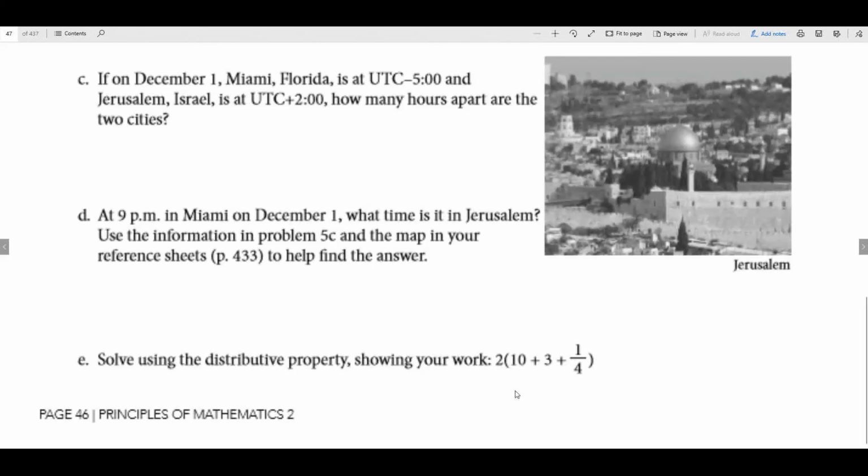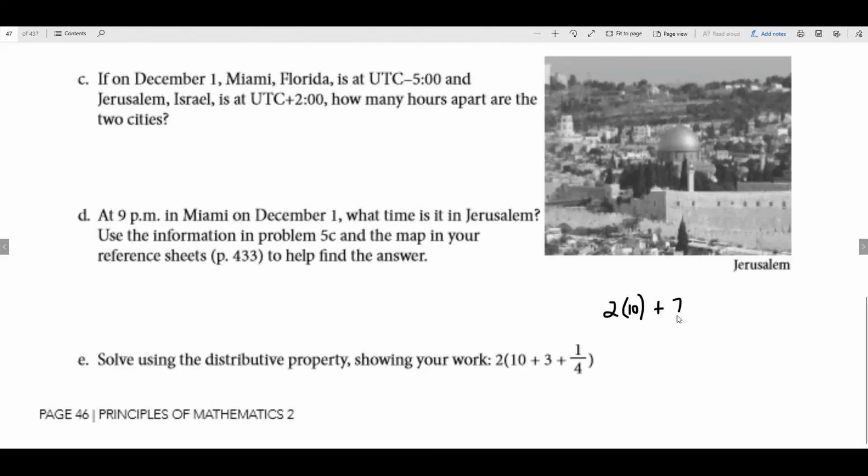Now what you're going to do on this one is, on the distributive property, you distribute out the answer. So basically you would have this. You would have 2 times 10. I'm using parentheses here. Okay, because this is 2 times 10, okay? Then you're going to have plus 2 times 3.